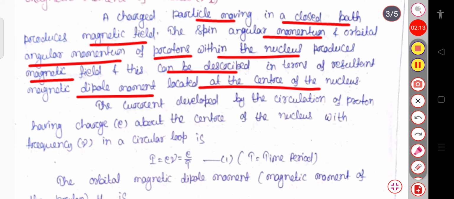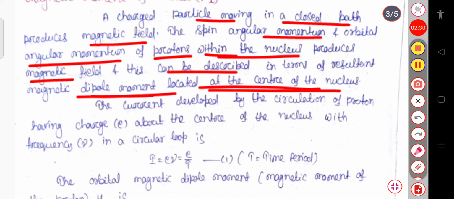So the spin angular momentum and the orbital angular momentum of the proton within the nucleus produce the magnetic field, and this can be described in terms of the resultant magnetic dipole moment located at the center of the nucleus.